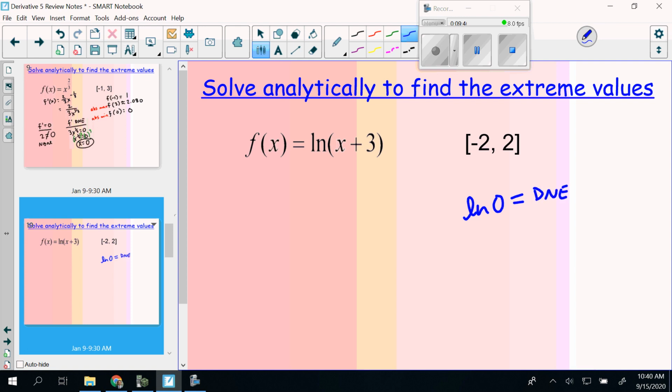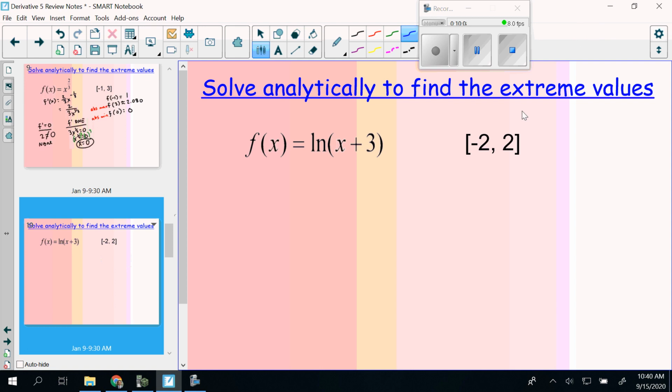That does not exist. If you try natural log of any negative number, those also do not exist here. So if we plug in those numbers, 2 we're definitely fine. Even negative 2 though, we should be able to do that because that's natural log of 1, we can do that. So it is continuous as well.